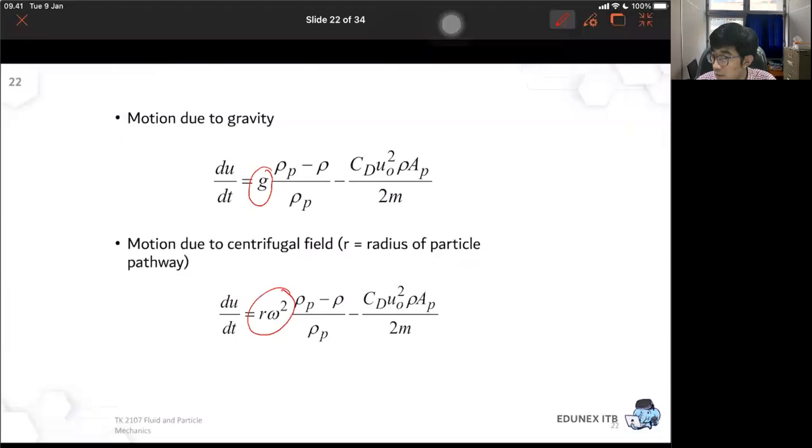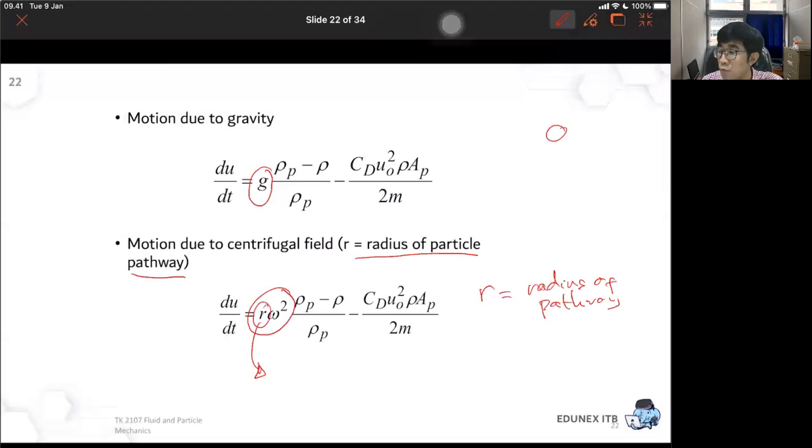But R, pay attention, R is the radius of the particle pathway. So the radius of the pathway, not the radius of the particle. Please don't be confused. R is the radius of the pathway.